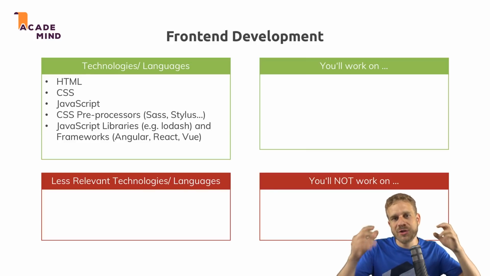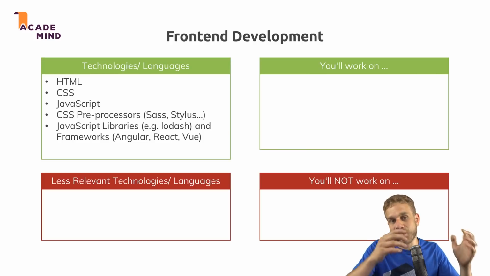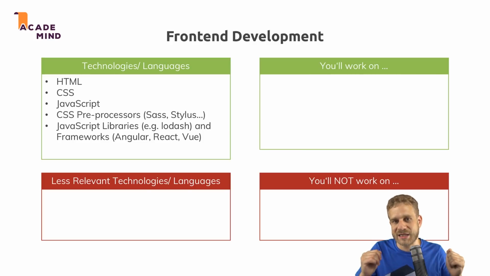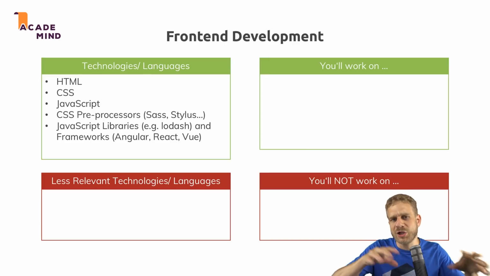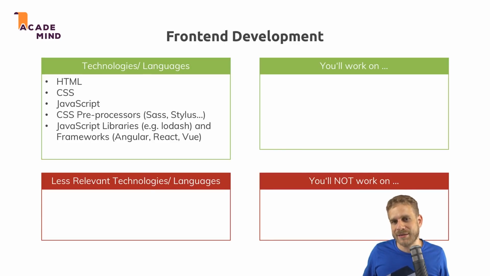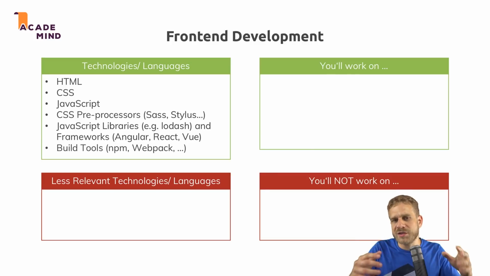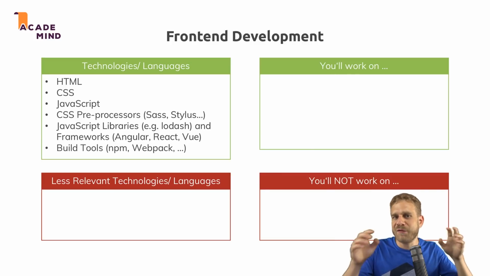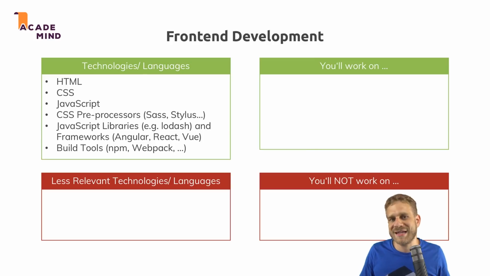You gotta know how to use other third-party libraries that might be connected to React, let's say, React Router. You have to feel confident working with these libraries, and you have to know what they do and how they connect. And you will also have to know some build tools. You will have to know what NPM does, what Webpack does. At least basic knowledge about how to configure it is definitely required.